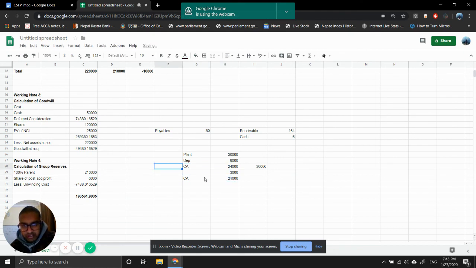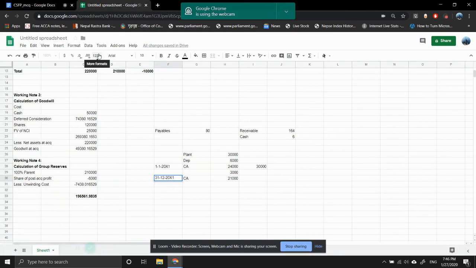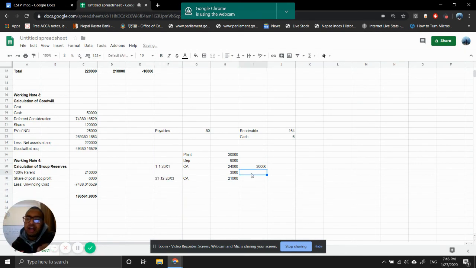So this is at 1st Jan 20x1, this is 1st Jan, and then this is 31st December 20x3. When it is sold at a higher price, that's the cost for the other company.